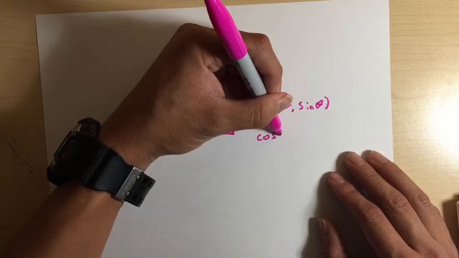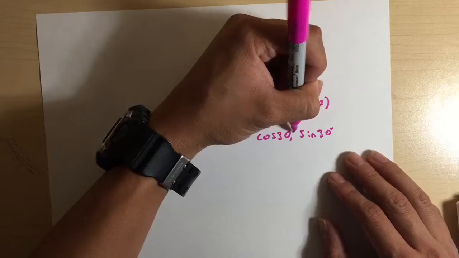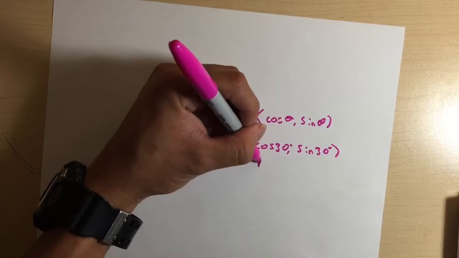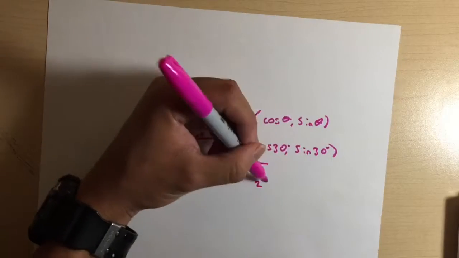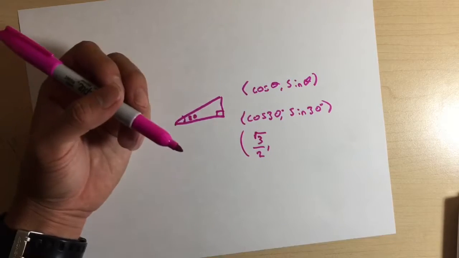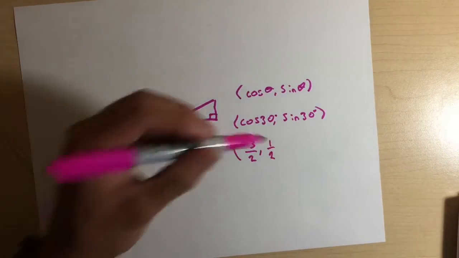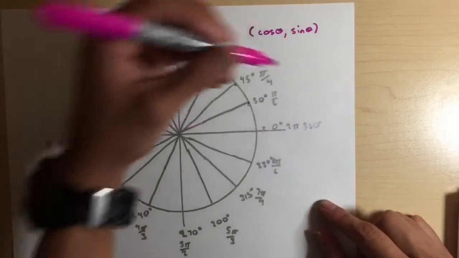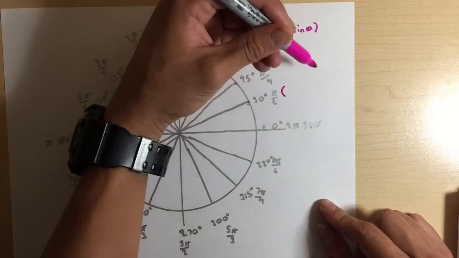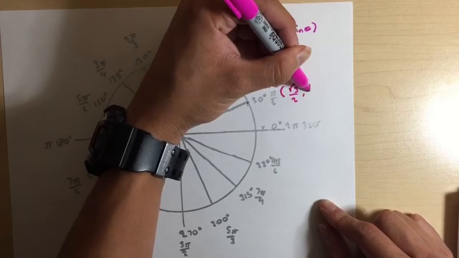So cosine 30 and sine 30 degrees, and we get rad 3 over 2, comma, 1/2. So now we have established that the coordinates of the first point, 30 degrees and pi over 6, is rad 3 over 2 and 1/2.